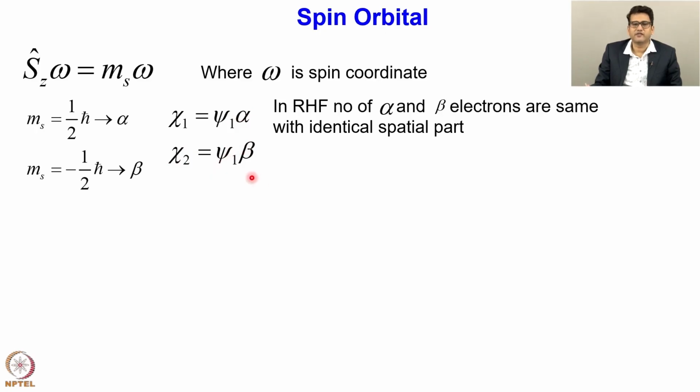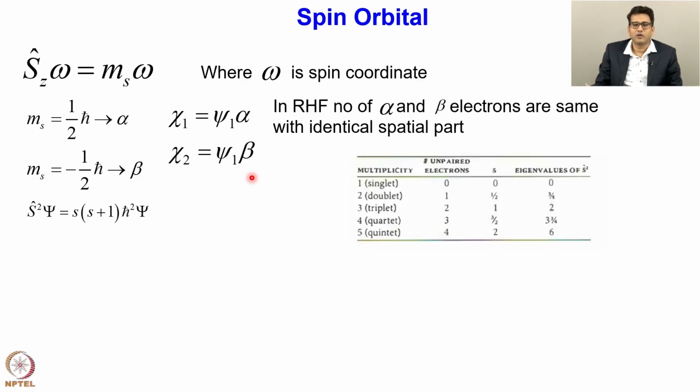In the case of restricted Hartree-Fock, the number of alpha and beta electrons are the same with identical spatial part. The other thing one is interested in for a molecular wave function is to check that it is an eigenfunction of the S square operator, which gives you an eigenvalue S into S plus 1 h cross square. Depending upon this, we get the multiplicity of the system.